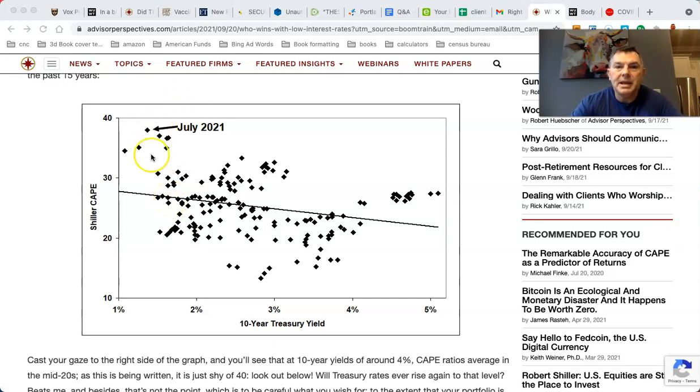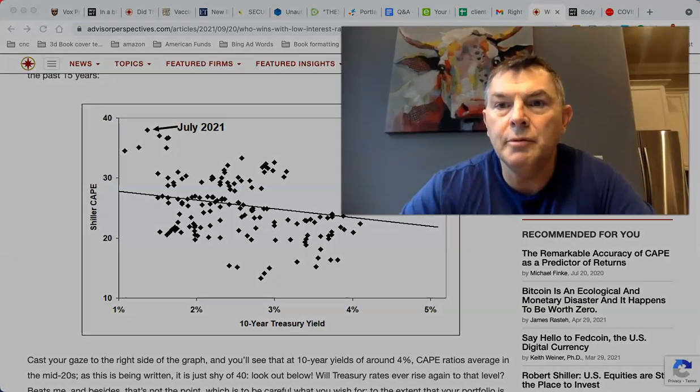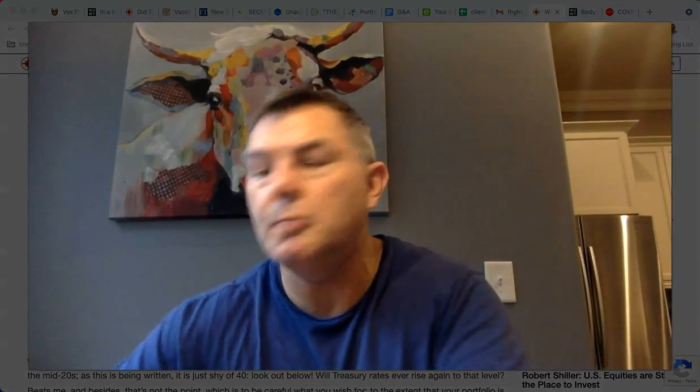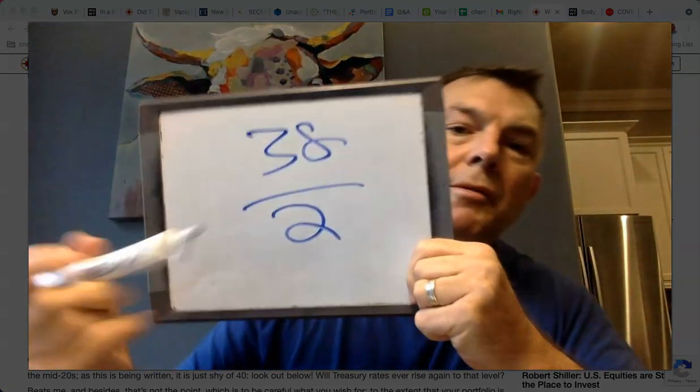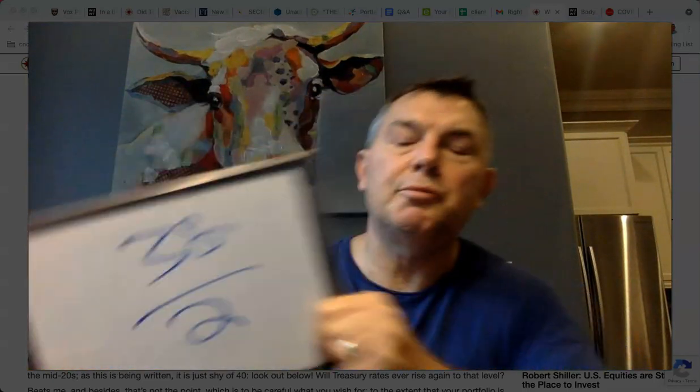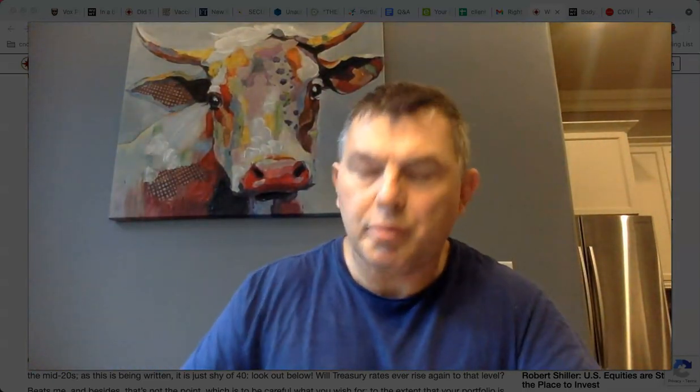Well, why then would the PE ratios go down? That doesn't make sense. Because I'm sitting there thinking, okay, so the PE ratio should be going up. The trend line should be like this instead of like that. The trend line should be going up as the interest rates go higher. But it's not. Why? Because everyone forgets the other part of the PE ratio is the P. It's this right here that really drives the PE ratio, the price.